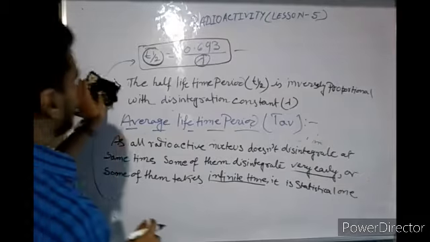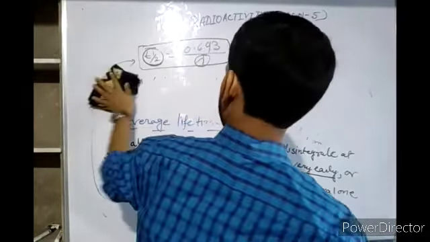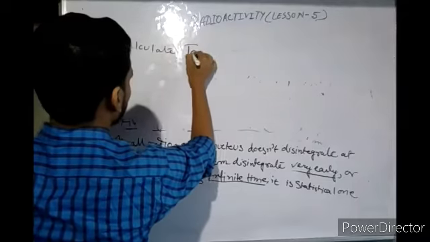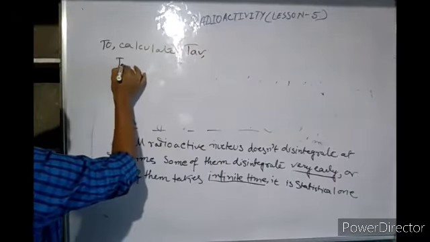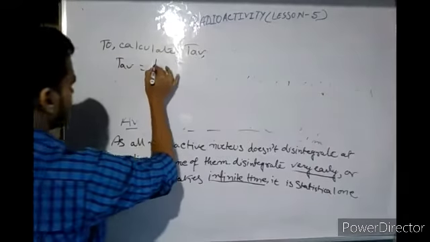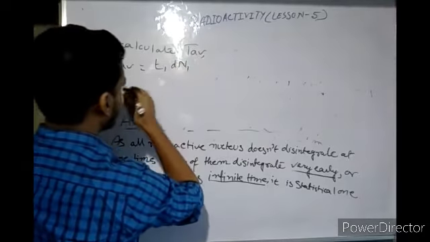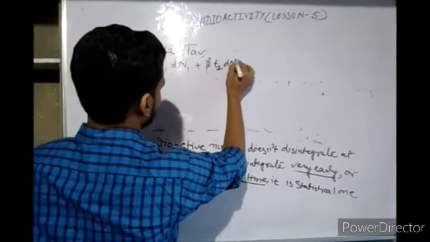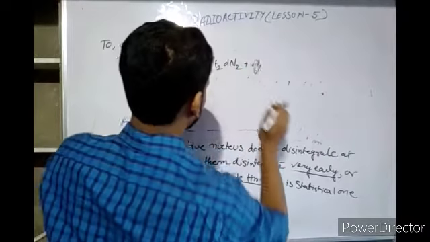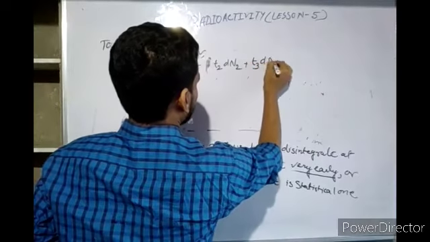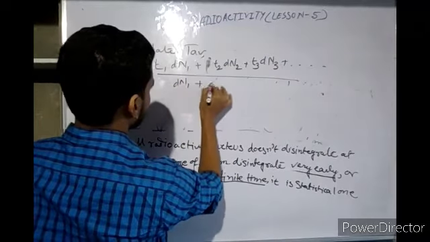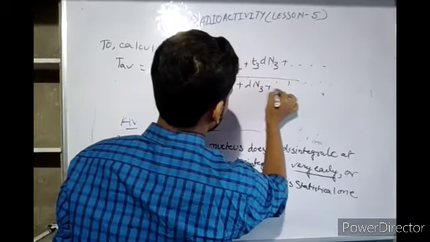So to calculate the average lifetime, we have TAV equal to T1 dN1 plus T2 dN2 plus T3 dN3 plus so on, by dN1 plus dN2 plus dN3 plus so on.